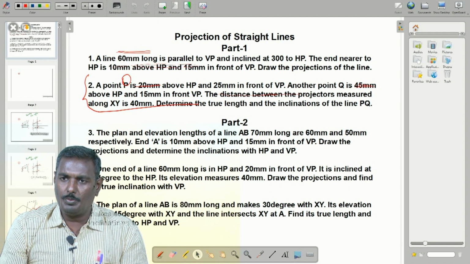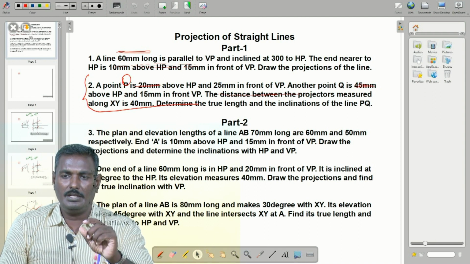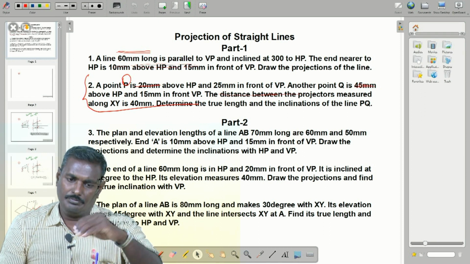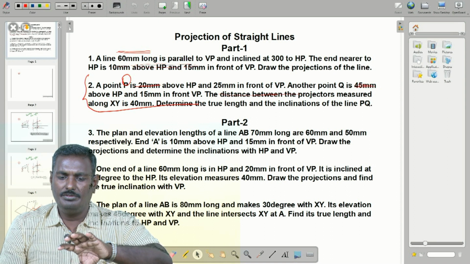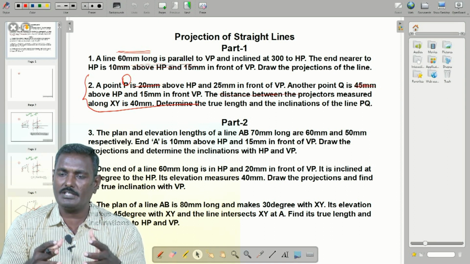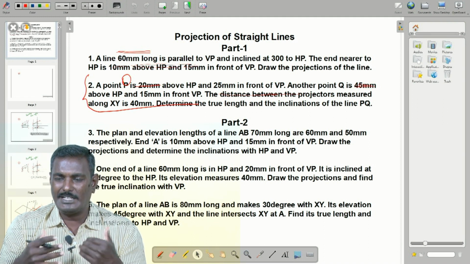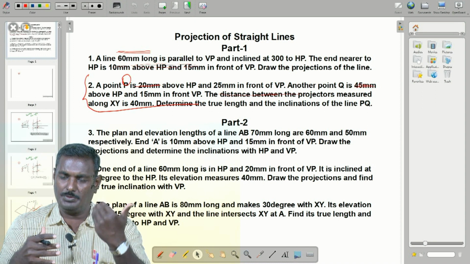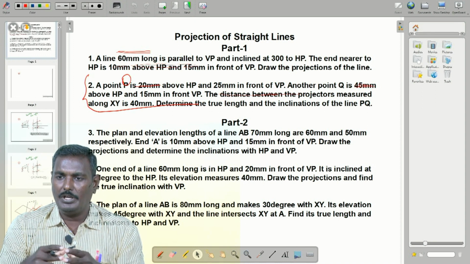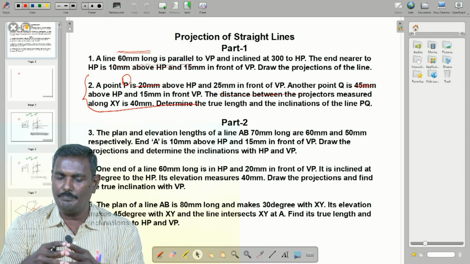True length is determined in 2 ways, one is the rotating line method and the other is the trapezoidal method. I also clearly defined how the rotating line method works and what the trapezium method is, and how to determine the inclination with respect to the horizontal plane and the vertical plane. But now we are looking at the remaining problems, that is under part 2.